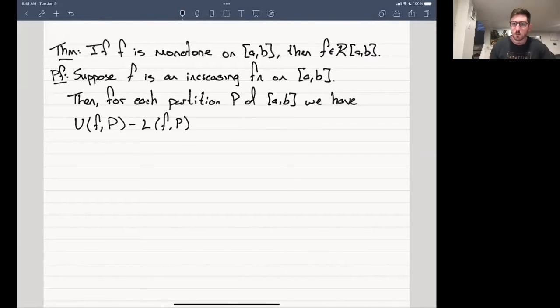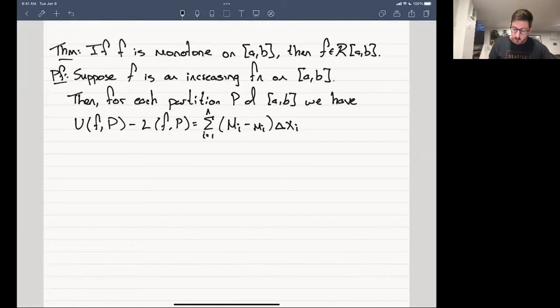Again, just using what we had from the previous proof. So I'm just going to write this in and then we can talk about it. It's the sup minus the inf. But this thing is monotone. So it means that its maximal value is at the rightmost of each subinterval, and its minimal value is at the leftmost of each subinterval.